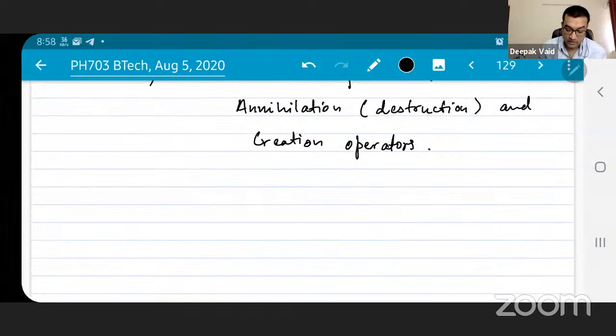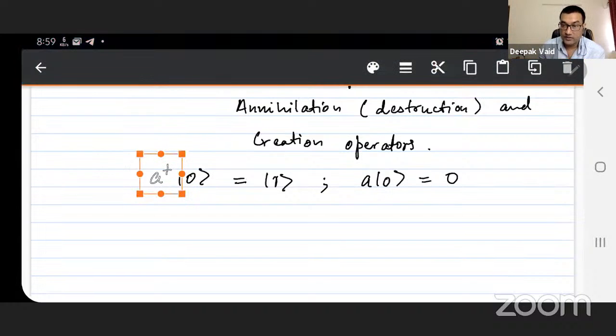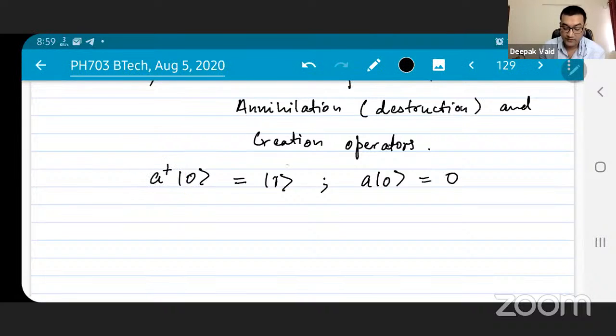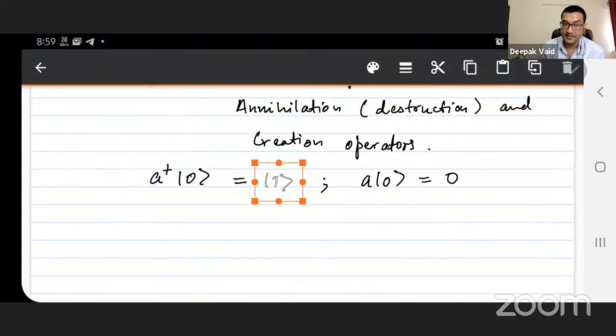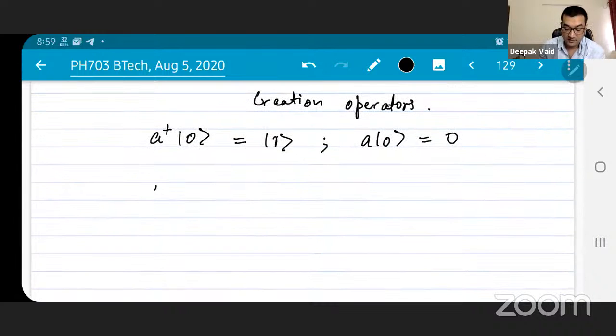What actually happens is that if you start with some vacuum state, the action of A on the vacuum state just gives you 0. The action of the creation operator on the vacuum state gives you the first excited state, which I'm writing as ket 1.